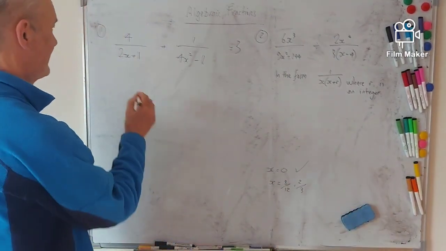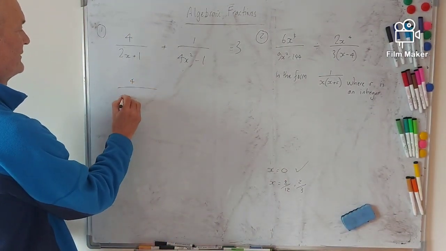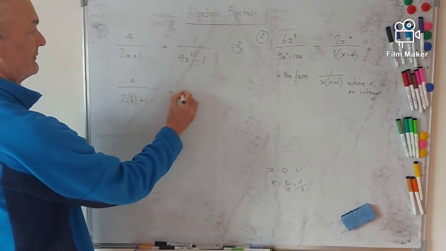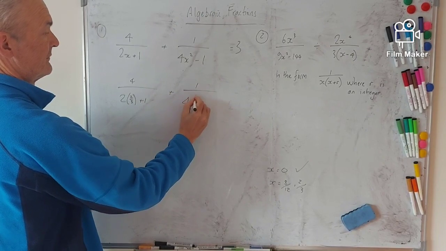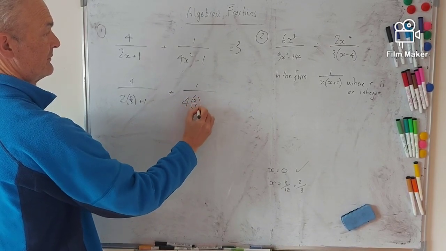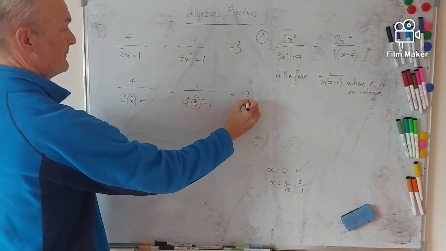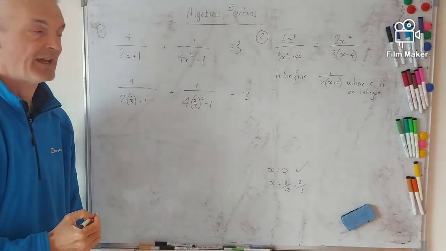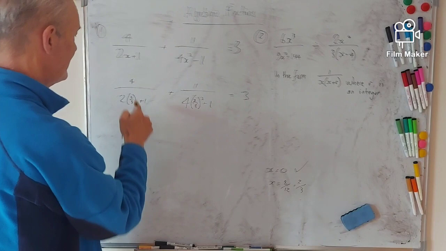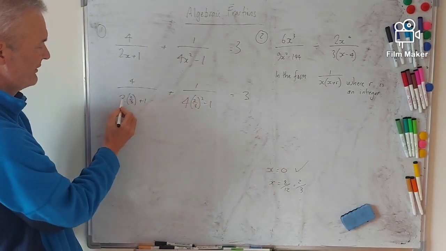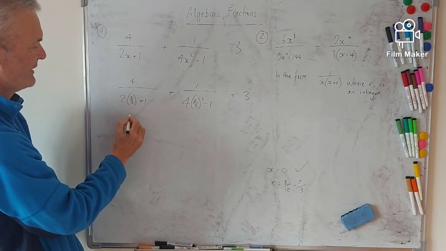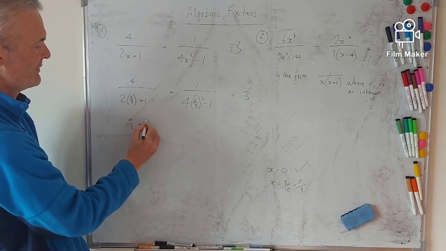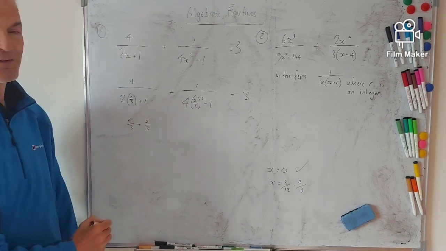Then the 2/3, so we're going to get 4 over something. Okay, so if we plug our 2/3 in where we've got x, we should get 3 as our answer. Let's try. So 2 times 2 is 4, so that's 4 over 3 plus 1. Well, I'm going to write that as 3 over 3.